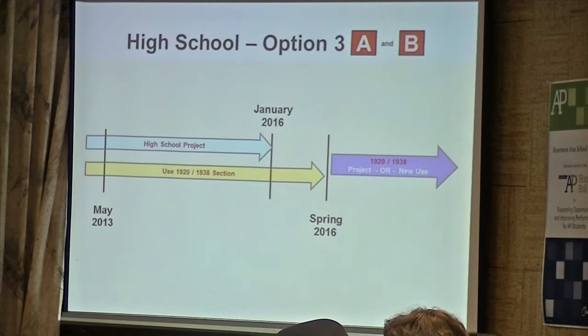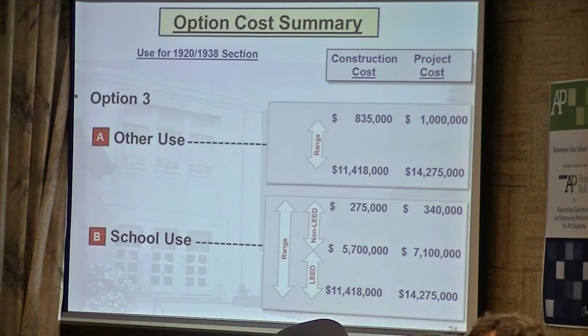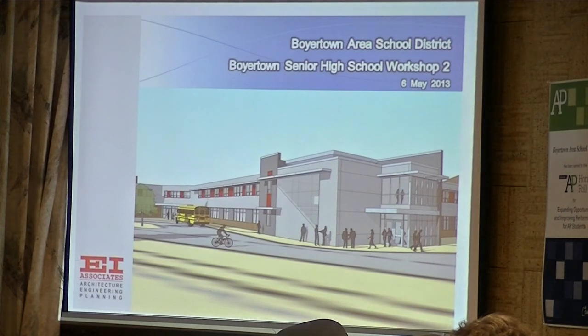And then by the spring of 2016, this will be available after you transition into the new project for a new use. So that construction could overlap in there if you were able to get either a bid. To try to get a decision by June or July, I think is pretty aggressive, but if it could be done, or delay the project, it could be good. So here's a summary of the costs again, which we did see, and that's my presentation.